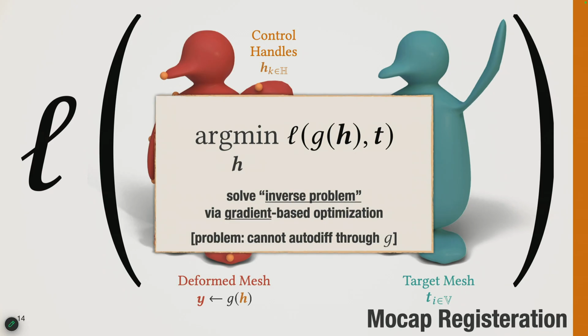This solver can be really anything, right? In the context of as rigid as possible, it is this custom bespoke algorithm that works really well, but it is really problem specific. And so we're in this bind. We don't want to throw away this awesome algorithm, but we also want to have some systematic way of differentiating through these problems.